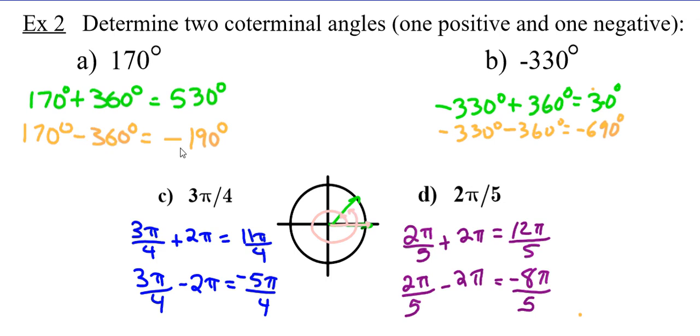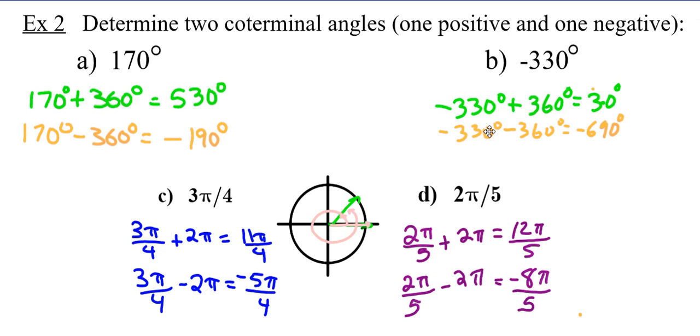Sometimes we've seen this where maybe the angle is a negative angle, and to get a positive coterminal, we may have to add 360 twice to get up to that positive one. Or maybe in this case, it's a negative 330. Well, when we added 360, we got to a positive angle.